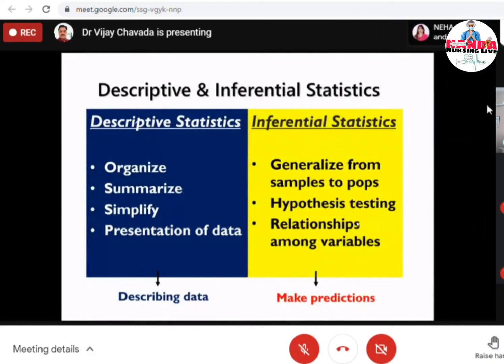These things are covered under descriptive statistics.